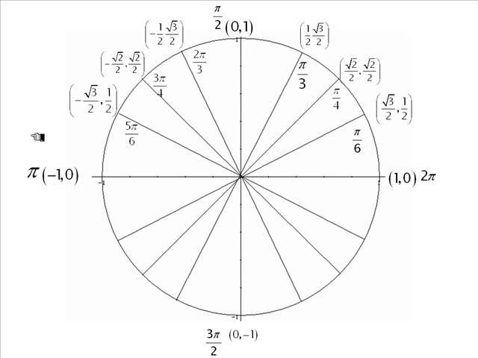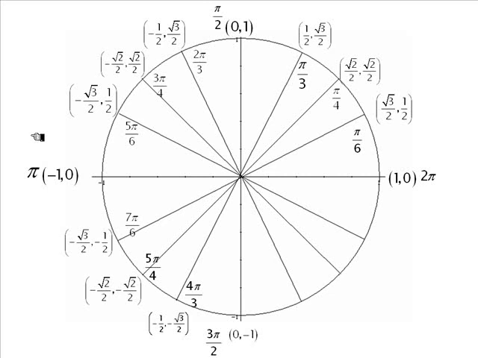And we'll see that in quadrant 3. 7 pi over 6, 5 pi over 4, and 4 pi over 3 would be those reference angles in that quadrant. Always multiples of 6 for the denominator, 4 for the denominator, 3 for the denominator. And you can see there that all the values are negative for cosine and sine.